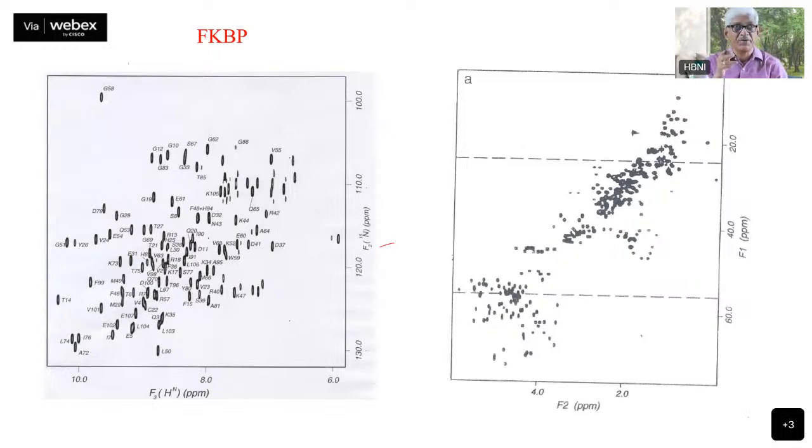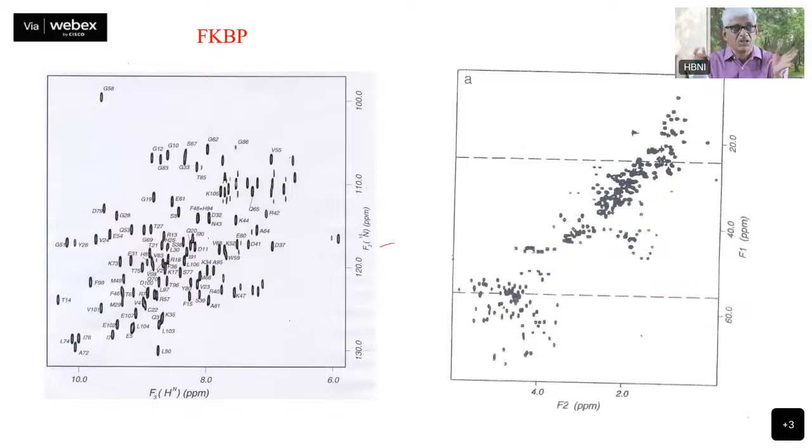But effectively it is a 2-dimensional experiment. So you have protons along the direct dimension and N15 along the F1 dimension. You have these cross peaks here. In HSQC spectra, you will not have any fine structure in the cross peaks, and you will only have cross peaks, one cross peak per residue. So if you have the protein chain, there are N15, all amide protons, they are all attached to one nitrogen.